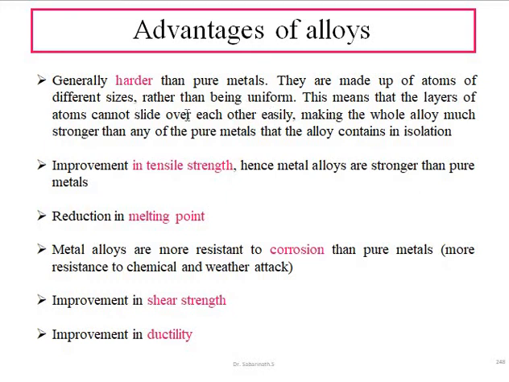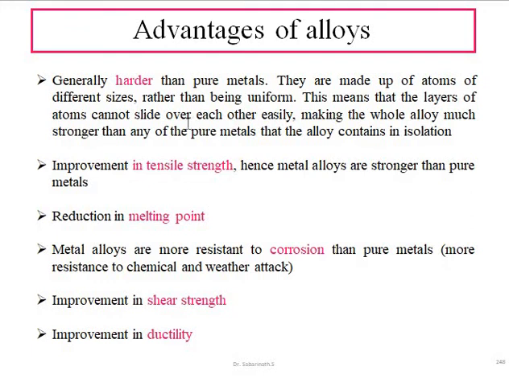So the uniform crystalline nature of a particular parent metal will be changed with the addition of atoms. This means that the layers of atoms cannot slide over each other easily. So that smooth sliding will be interrupted, making the whole alloy much stronger than any of the pure metals that the alloy contains in isolation.